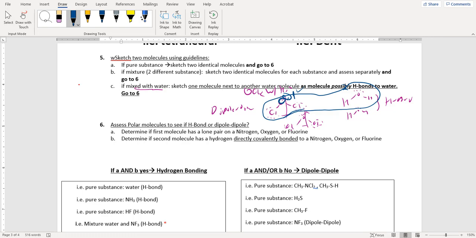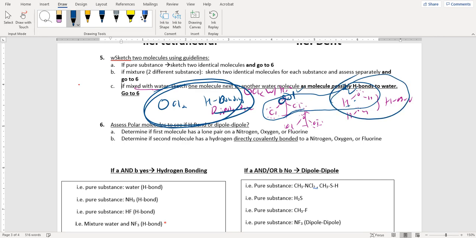Does the second molecule have a hydrogen that's directly covalently bonded to an oxygen? It does. So it turns out the oxygen dichloride is going to be upgraded to hydrogen bonding when it's mixed with water. So now both of those are going to be hydrogen bonding, and then there'll be that due to the intermolecular hydrogen bonding between the oxygen dichloride and the water.